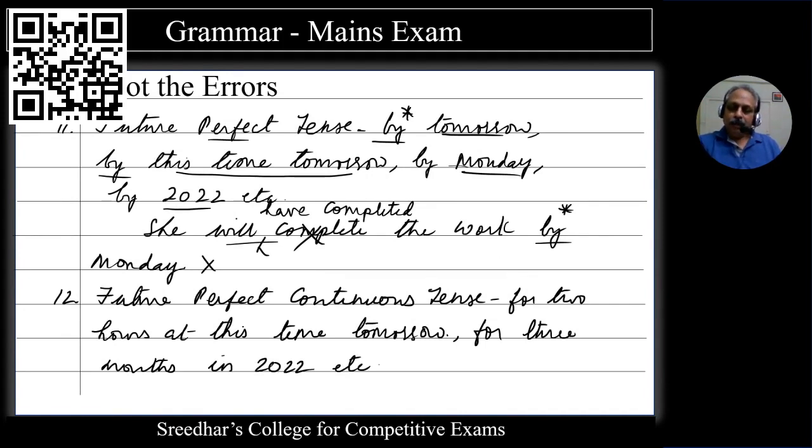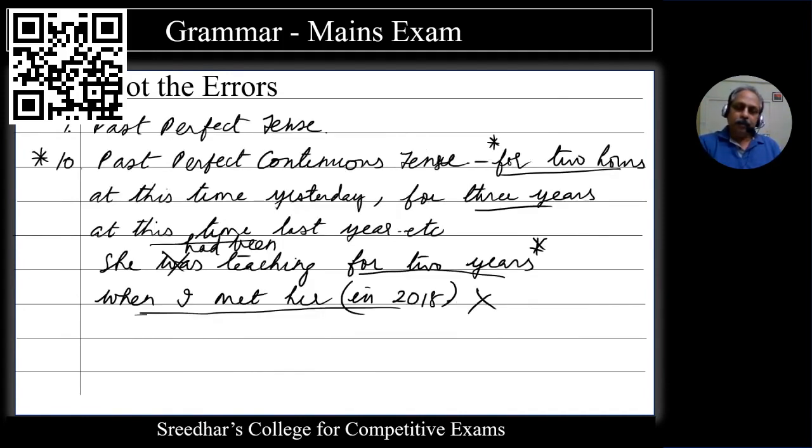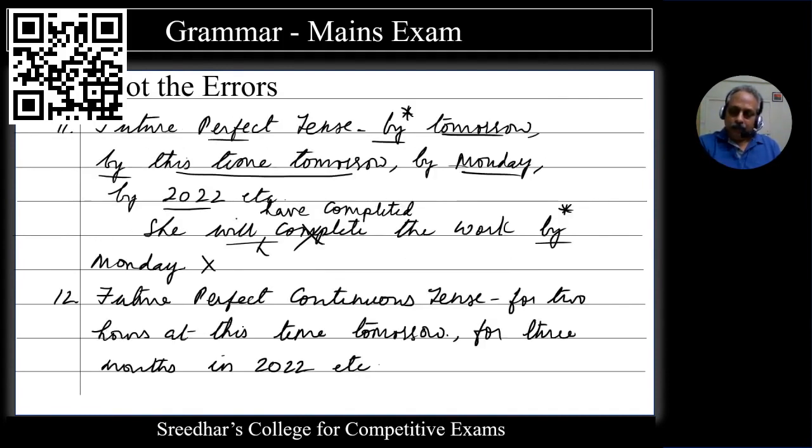Here, what is important, like past perfect continuous, I said the time phrase is important, time period is important. The same way, time period and the time in future, very important, time period, for 2 hours, for 3 months. And what is the time at this time tomorrow in 2022?